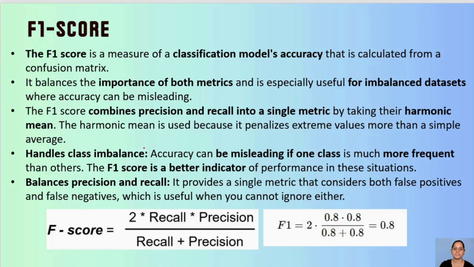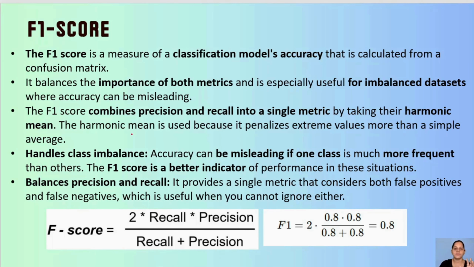When I'm talking about binary classification cases, we just take the mean: recall plus precision divided by 2. That's how your F1 score would be.